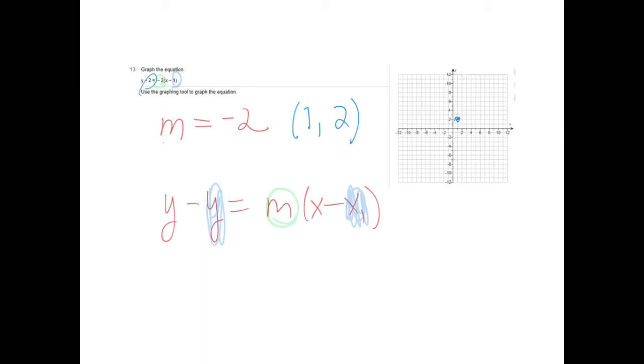And then I'm going to use the slope, which is -2. So I can move down 2 and to the right one and continue that pattern. Or I can move up 2 and to the left one. And there is my line.